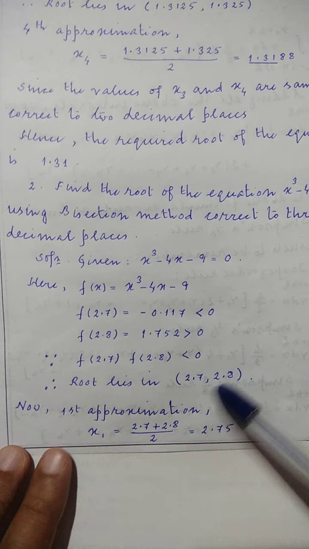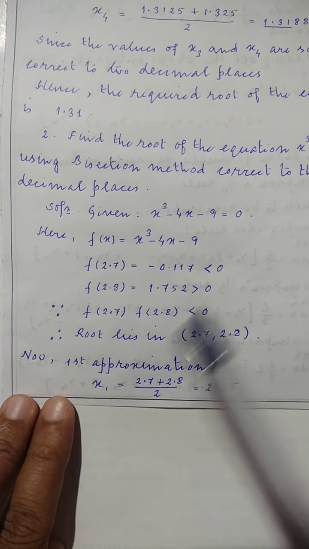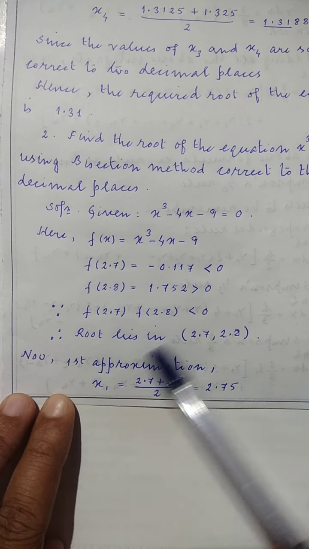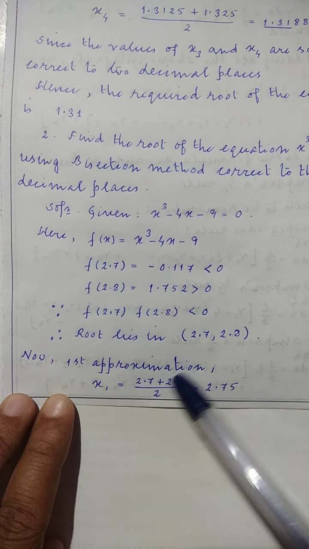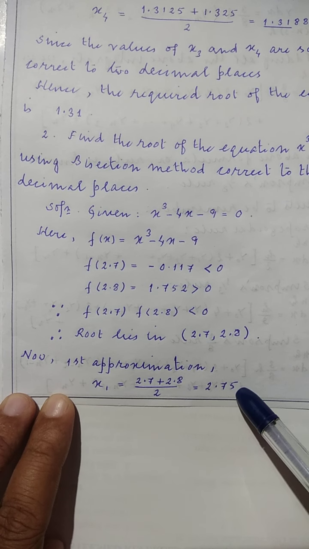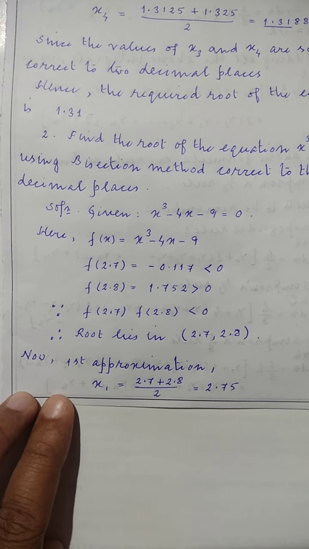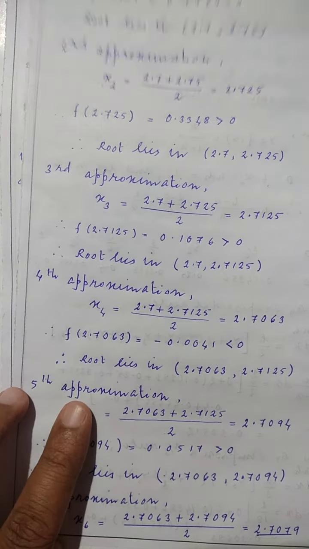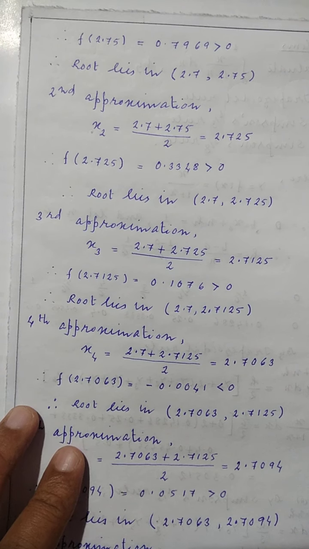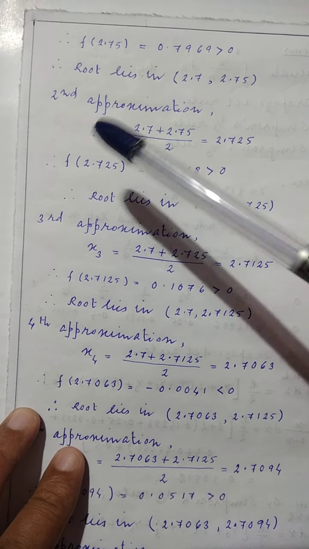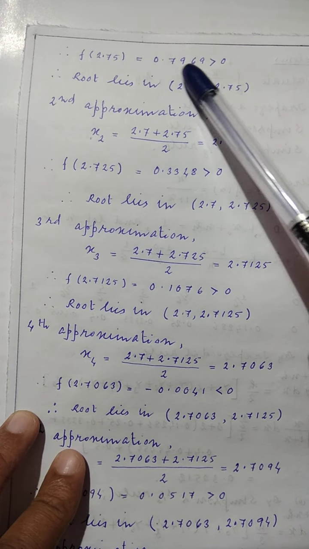So now calculate the first approximation, denoted by x1. Just add 2.7 plus 2.8 divided by 2, you will get 2.75. Next you have to find the value of f of x1. So f of 2.75, you are getting 0.7969.